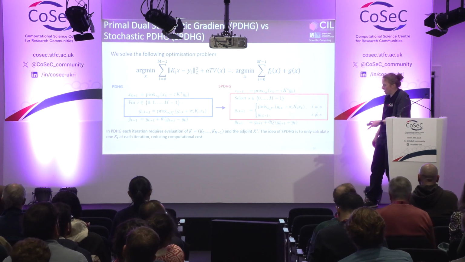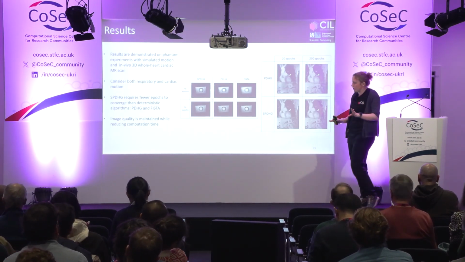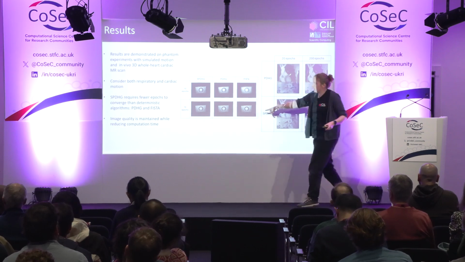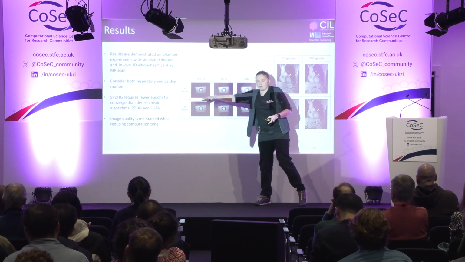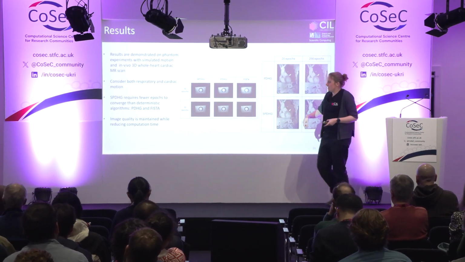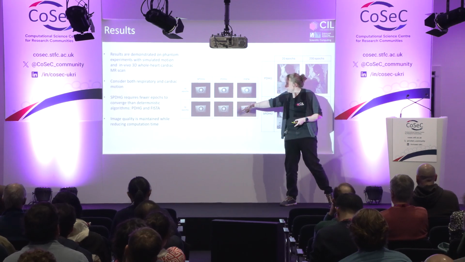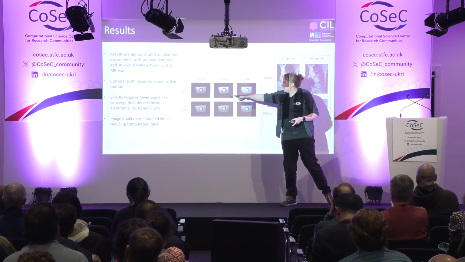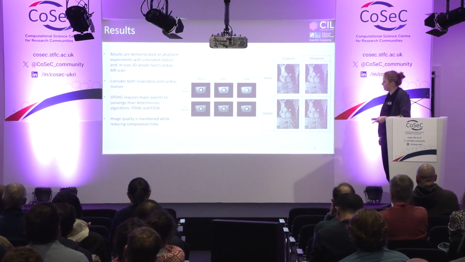And indeed, comparing PDHG and SPDHG for that phantom we had, in just 10 epochs of SPDHG we're getting quite a sharp reconstruction, whereas it takes up to 70 epochs of PDHG to get a similar result. It's quite blurry at 10. There's also a comparison with Pfister again, which is a deterministic algorithm.